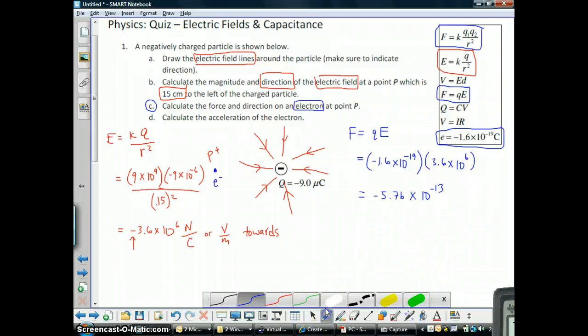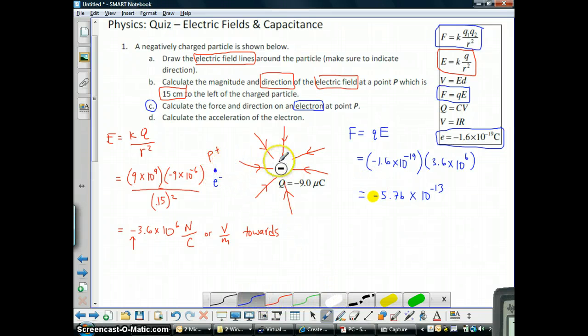So again, this negative value only helps with whether it's going towards or away. So right now, if you ignore that, you should be able to tell if this electron is going towards or away.